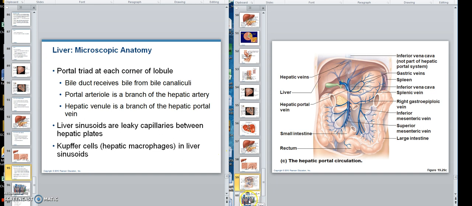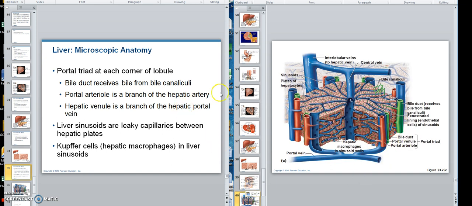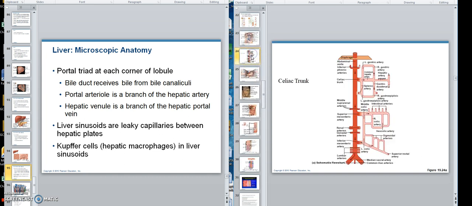Now we need to look at the arteriole real quick. So we're going to go there and find it before we run out of time on this video. Find that blood supply. Okay, right here would be the gastroduodenum. And see, here's that hepatic artery.